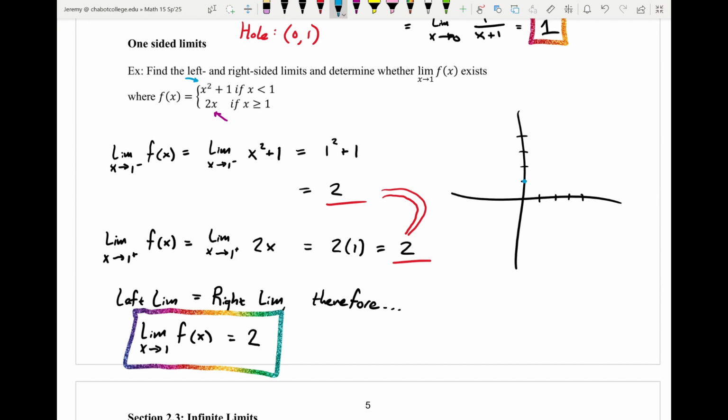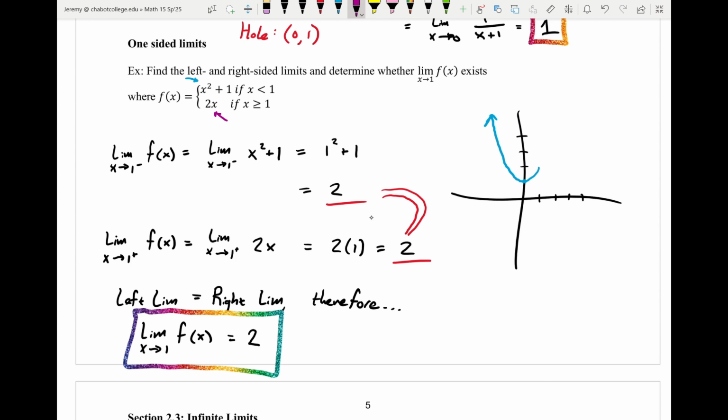So it'll look like this. Okay, and I stop the graph at x equals 1 because at that point, that's where we switch to the linear function. That's just the graph of a line. It has a slope of 2, y-intercept of 0.